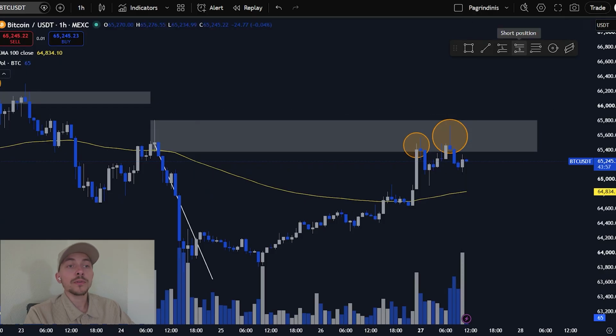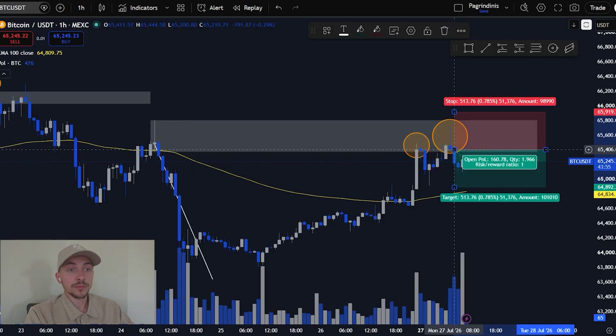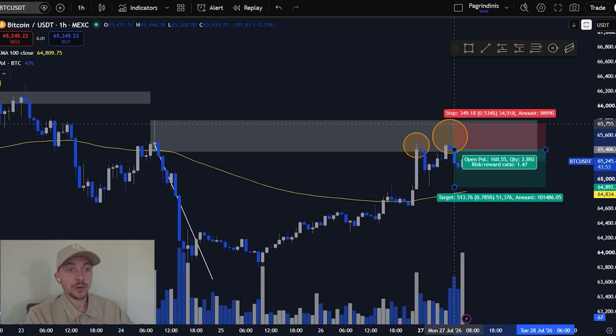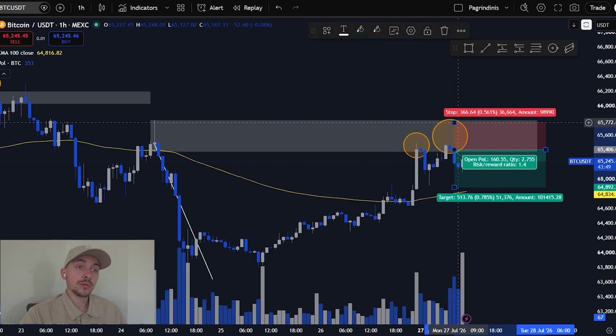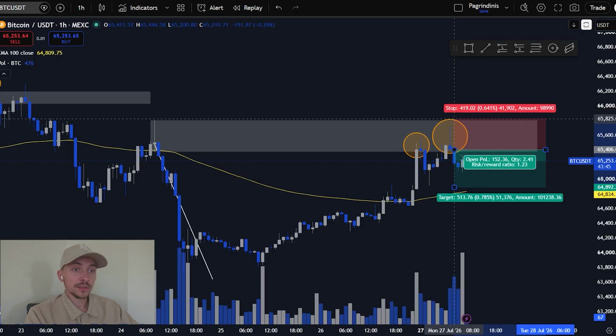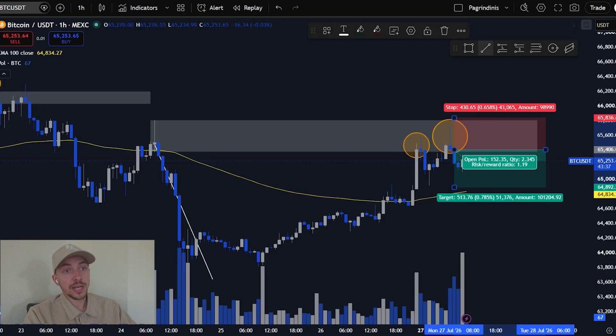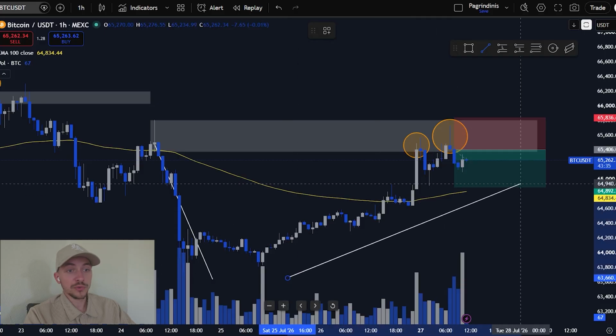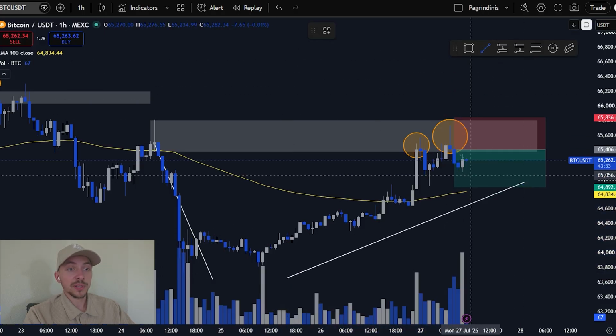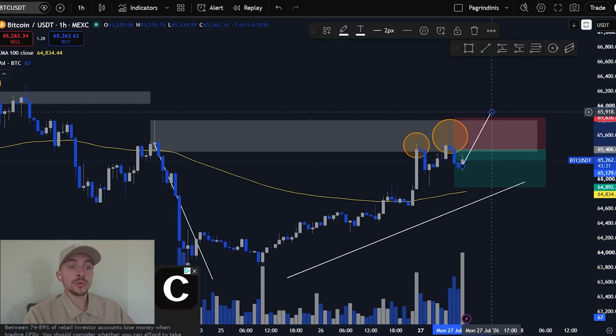So for example, we're going with this one, and there are two options. It depends on what you draw, what your strategy is, but basically you put your stop loss above your supply zone. If the price creates an uptrend and starts pumping up, you leave the trade.